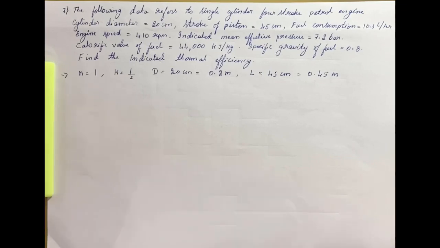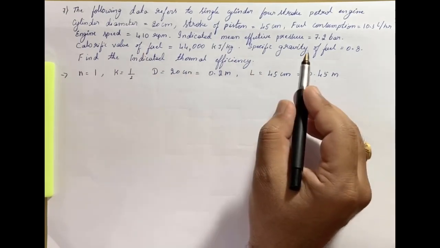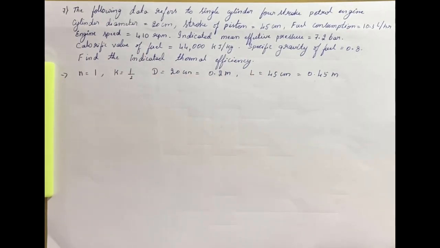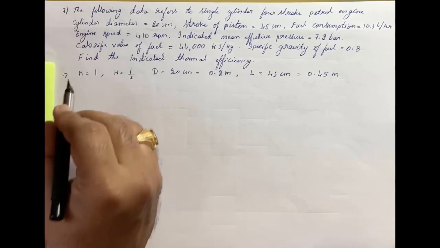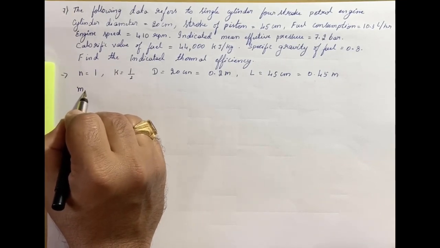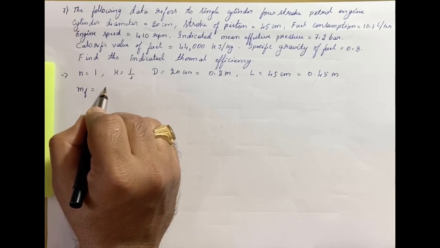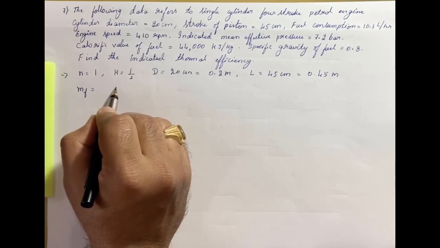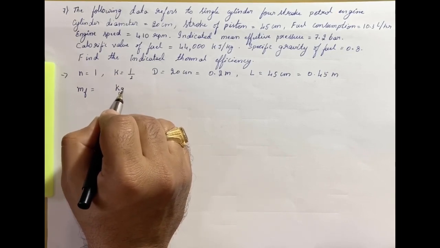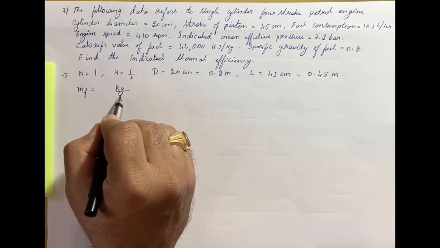Then what is given? Fuel consumption. Fuel consumption we usually write as mass of fuel, which should be in terms of kg per second.